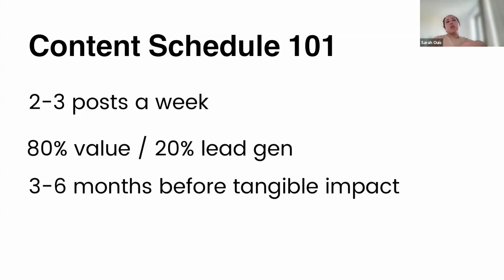So 80% is going to be content that is educational, authority-based. So things that really add value and nurture an audience, because you don't want to be selling to people every day. And then 20% is going to be more lead generation, meaning offers for your business and case studies and things like that.